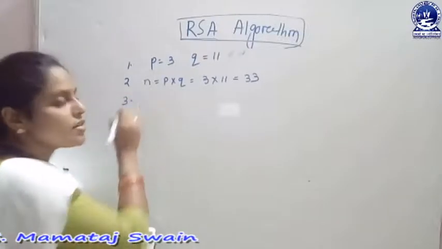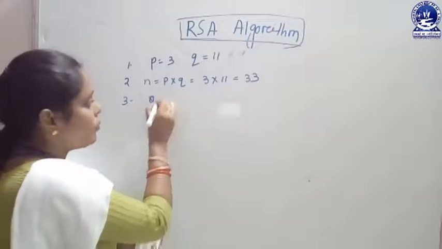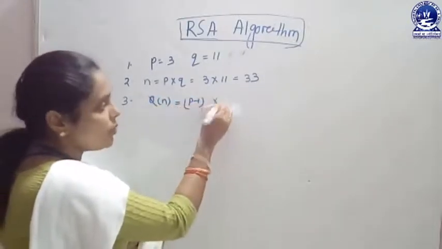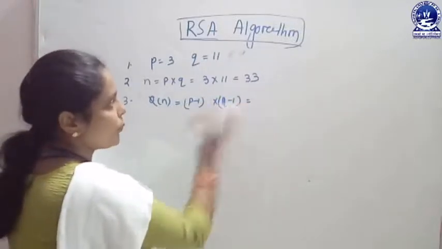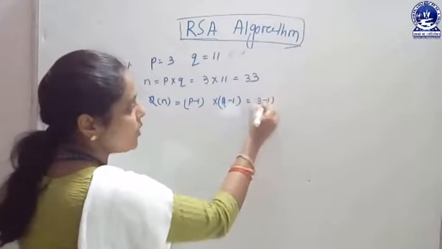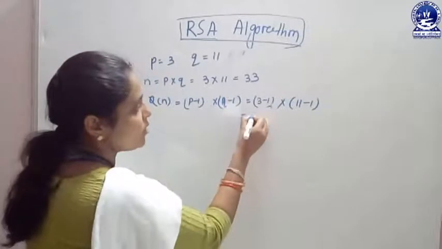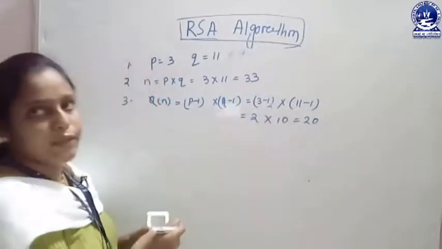Then in the third step you calculate phi of n. Here phi of n equal to p minus 1 into q minus 1, which is equal to 3 minus 1 into 11 minus 1, that is equal to 2 into 10, which is equal to 20.